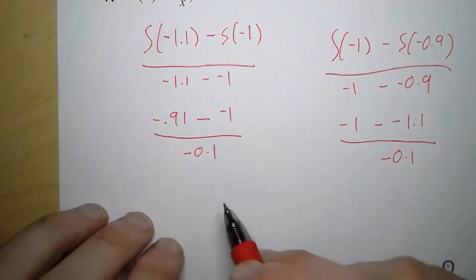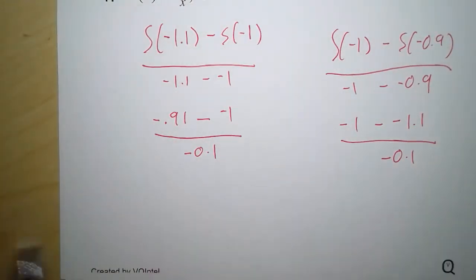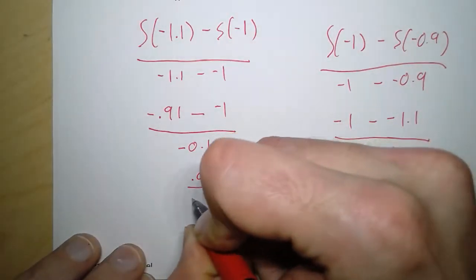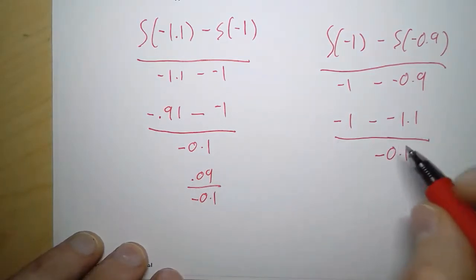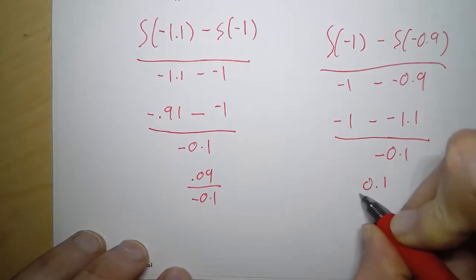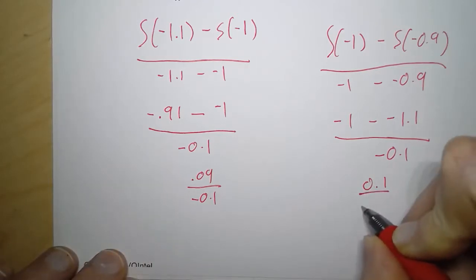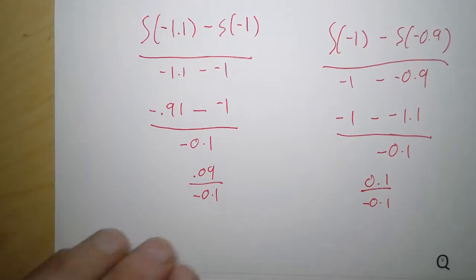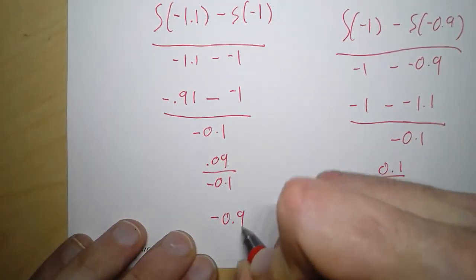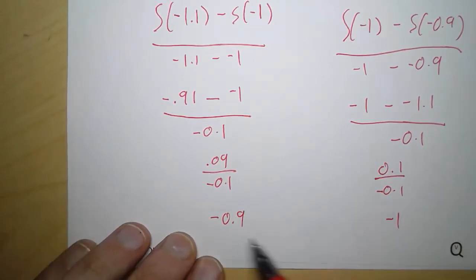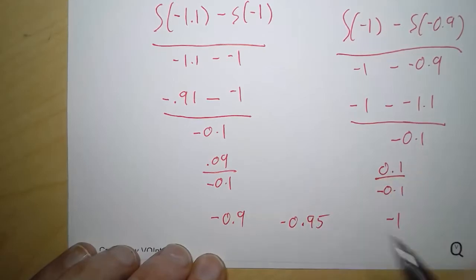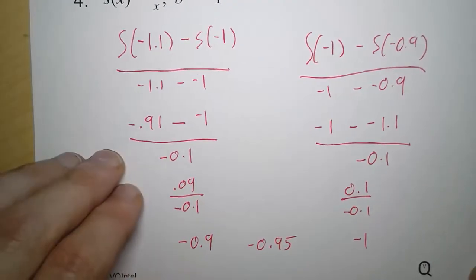So when we combine these, this becomes a positive 1. So we have 0.9 over negative 0.1. Here we have 0.1 over negative 0.1. So what we get is negative 0.9 and negative 1. So our slope is somewhere in between here. So approximately negative 0.95 will be our slope.